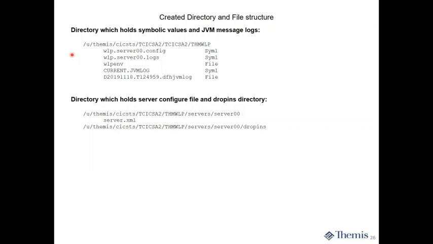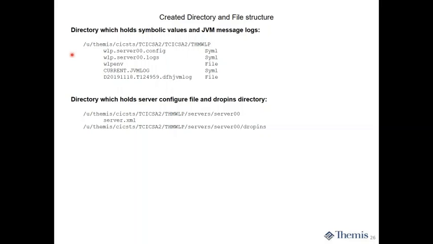Okay, so looking at these directories, as I said I would give you. I have the THMLP, and in there, most of them are symbolic links. That's what SYML is.